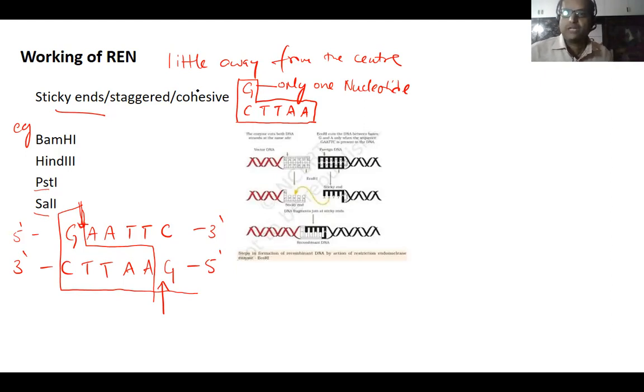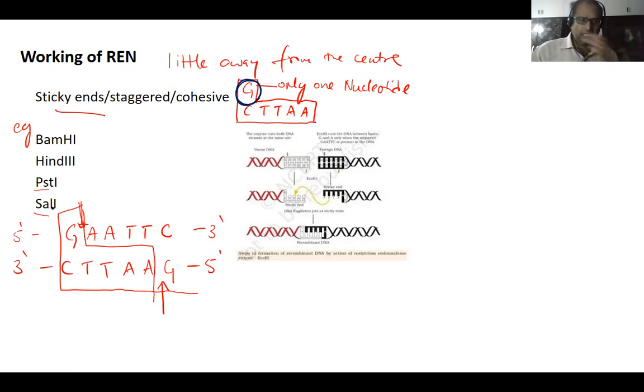What are palindromic sequences? There will be repeated sequences, isn't it? But it cuts a little away from the center, so that in the opposite strand, only one nucleotide will be there.